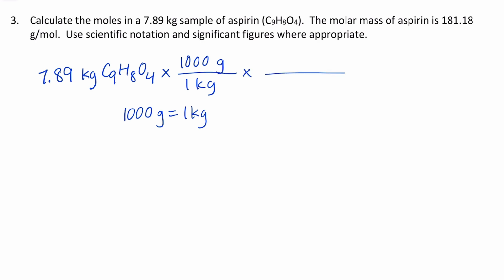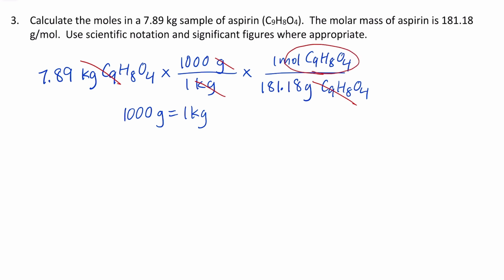and then 181.18 grams of C9H8O4 is 1 mole of C9H8O4. We see that our kilograms cancel out and then our grams cancel out, and we're left with moles of aspirin.